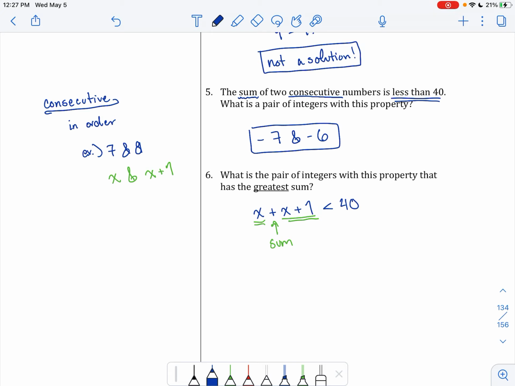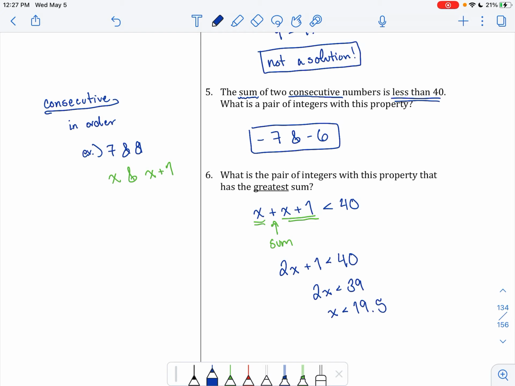So x plus x plus 1 is less than 40. I'm going to start by combining like terms to say that 2x plus 1 is less than 40. Subtract 1 on both sides. 2x is less than 39. When I divide by 2, I find that x has to be less than 19.5.